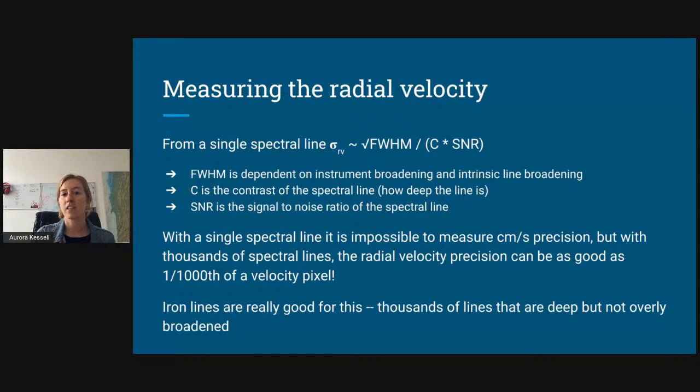So we want lines that are naturally deep but also narrow, so they're not as dependent on different broadening mechanisms. What people have found is that iron lines are really good for this, because iron has tons of lines in the optical, and they are very deep, narrow lines that are not affected very much by pressure broadening or other types of broadening.